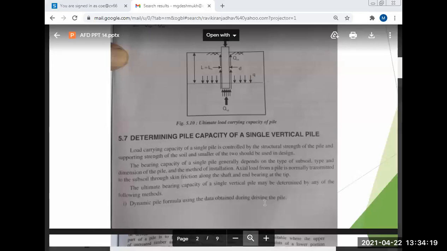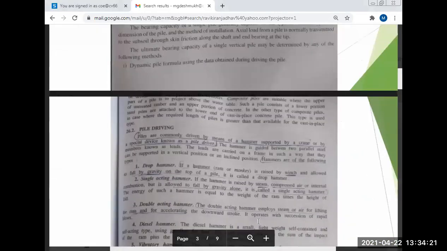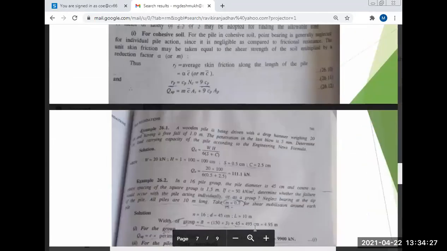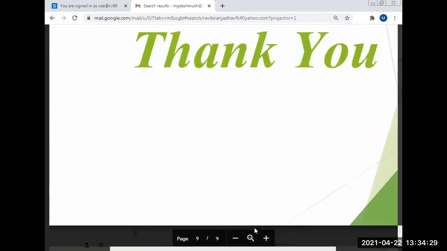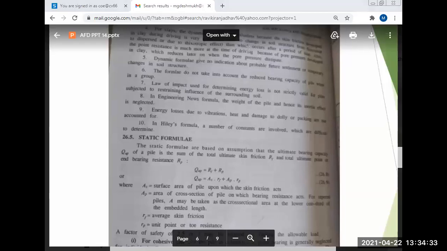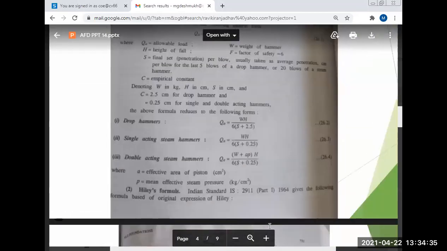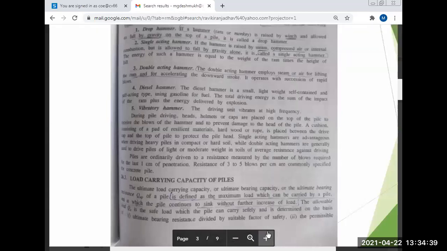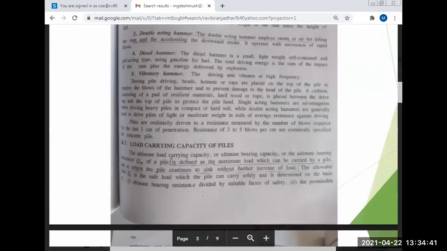Now, when the pile is single, there are different methods, but basically four methods which we are going to follow. Here it is clearly given.